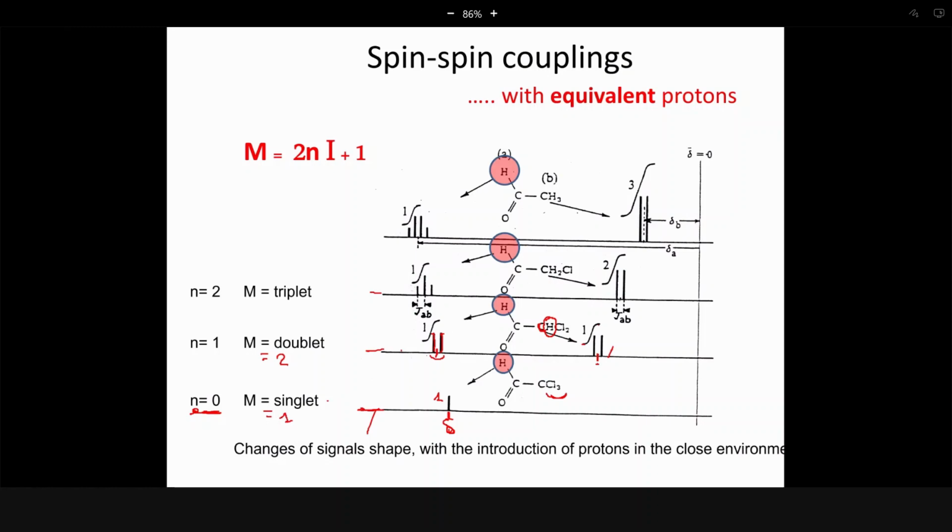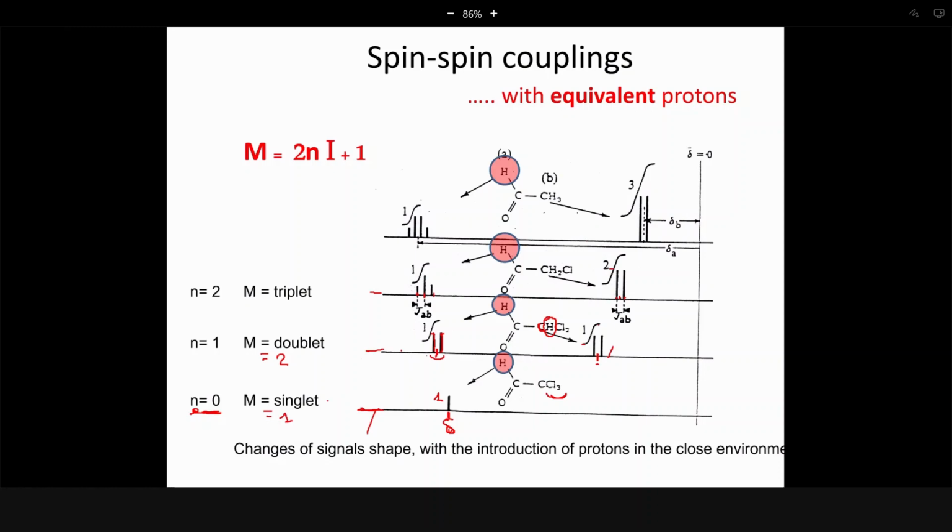I see the aldehyde group proton has 3 lines. The integration is still 1 proton, but on the other side of the spectrum, I have another signal which has 2 lines, and if I look at the integration, I have twice the height of the first one. So I can say that I have 2 protons here if here I have 1 proton.